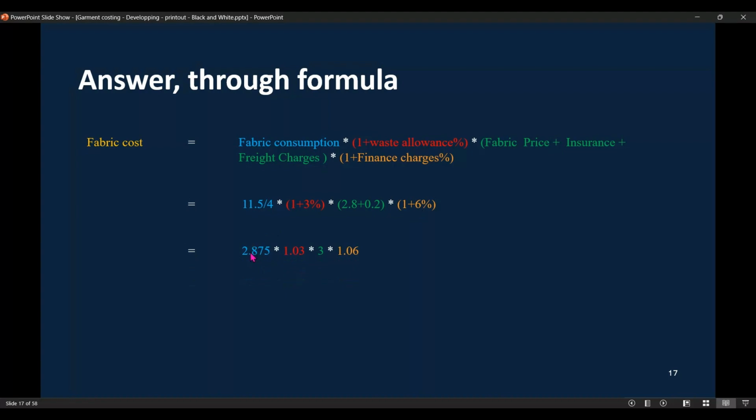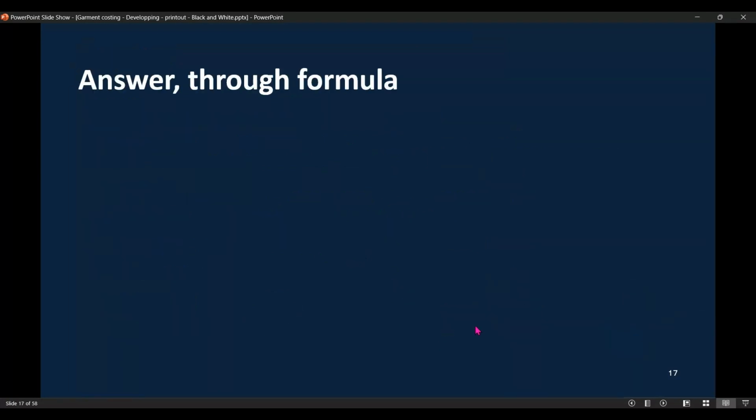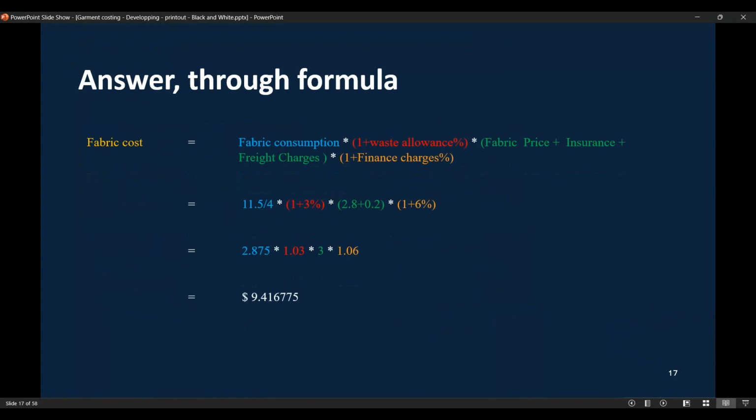Now the answer 2.875 is the answer, and here it's 1.03, into 3, into 1.06. You can see the answer is the same as the previous one, 9.41675. Manually we also calculated 9.41677. With the formula you also get the same answer.